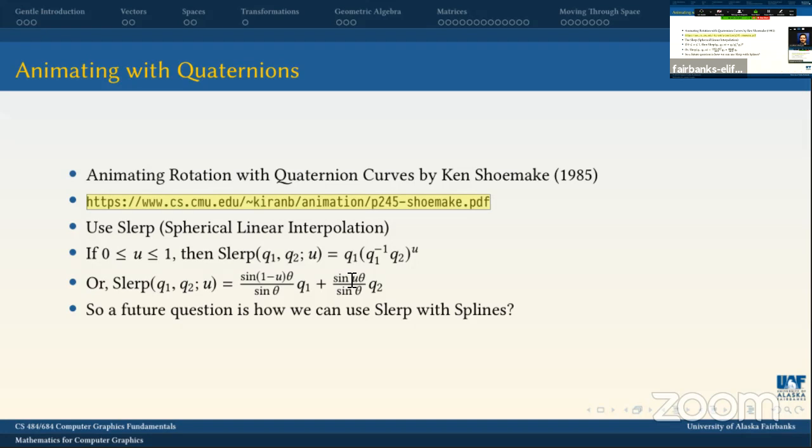If you had two quaternions, let's say one was pointing up here and another was pointing over here, instead of getting the gimbal lock that you'd get by interpolating the x, y, z axes of the Euler equations, you get a smooth line going from one quaternion to the other.